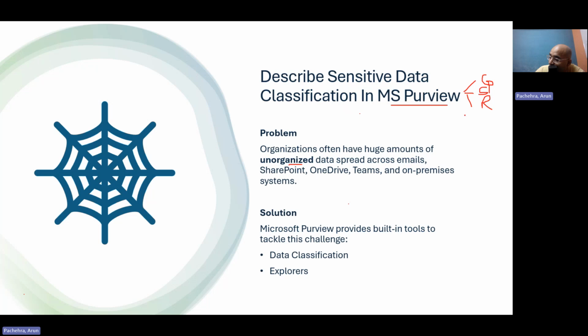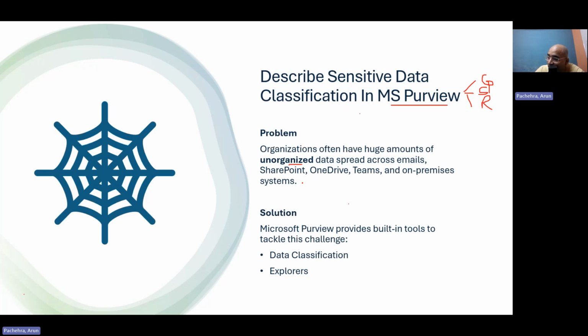Right? So it will help us to organize the data. Once we know our data, we need to find out what it is and how sensitive it is. Without knowing what type of data we have, like customer records, credit cards, contracts, we don't know the risk: compliance violation, data leaks, reputational damage. So before we protect anything, we should know what it is. That's the logic behind it.